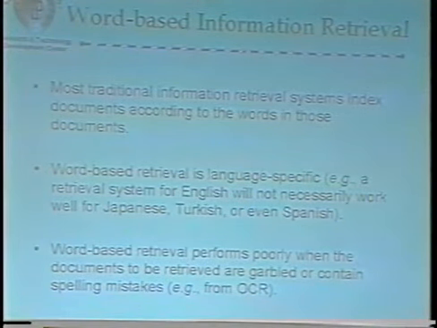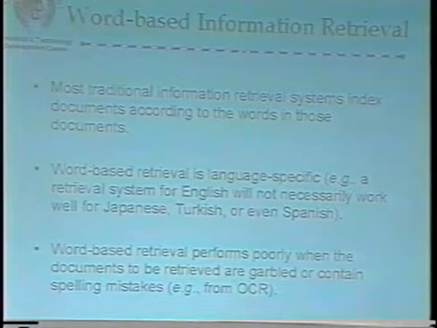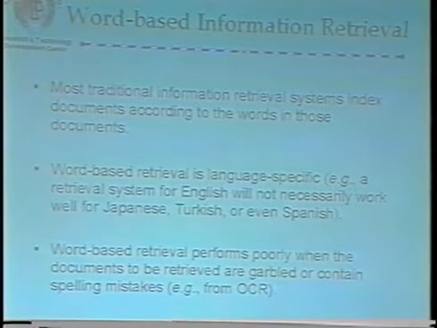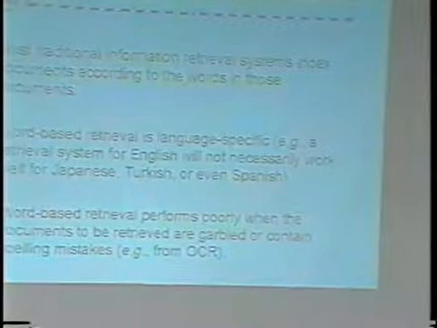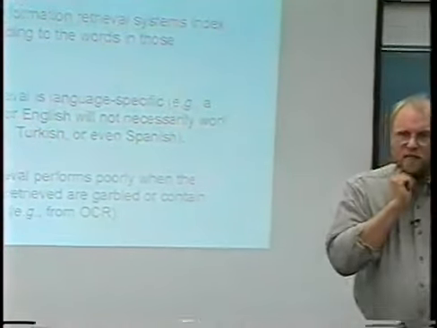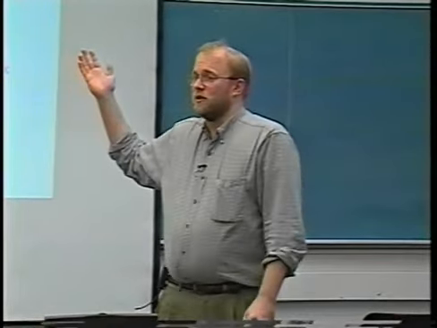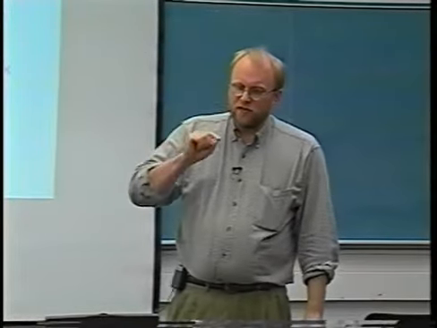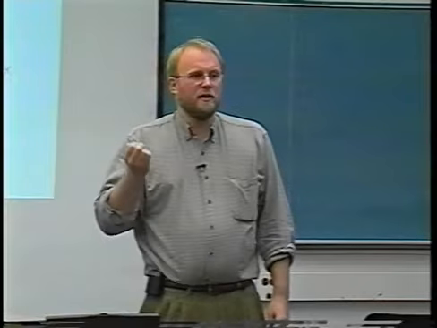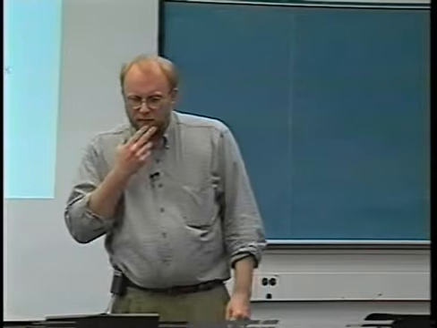That is, if you put any smarts into your system to break up the words, like stemming, chopping off the ends of words to conflate terms that are relatively close, those rules that you put in are going to be language specific. They're going to work for English, but they're not going to work for French or German, and certainly not for a language like Chinese where you don't even know where the word boundaries are. So a lot of the effort in a word-based system will go into something that's language specific.